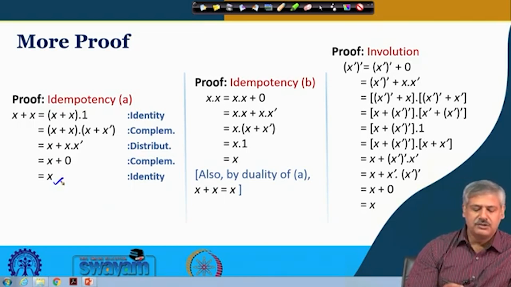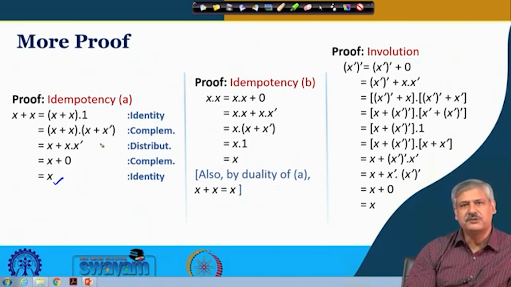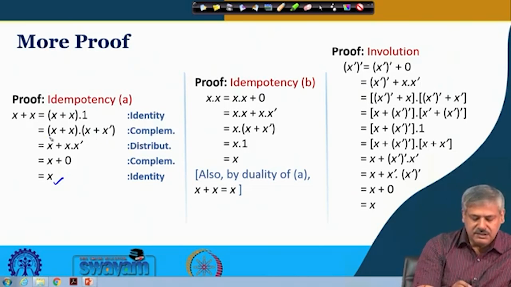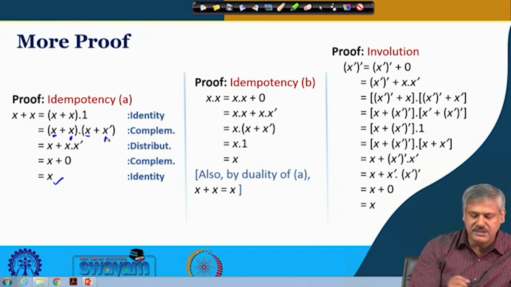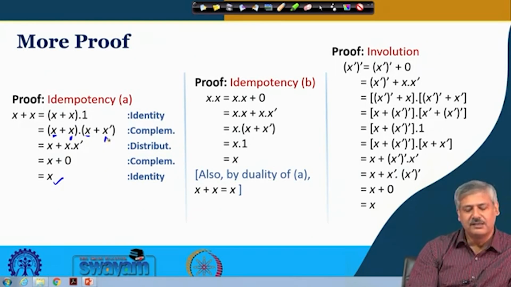So start with it, you AND it with 1, so that is the identity postulate. Then 1 can be written as x plus x prime, the complementarity postulate. And this is your x, this is your x, you can consider this as y, and this you can consider as z.